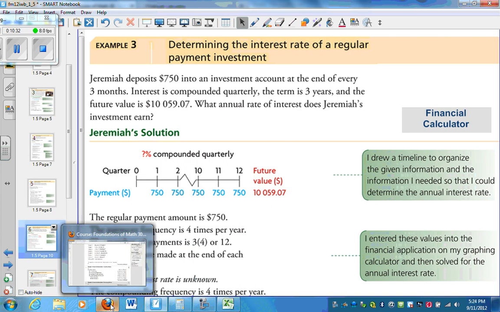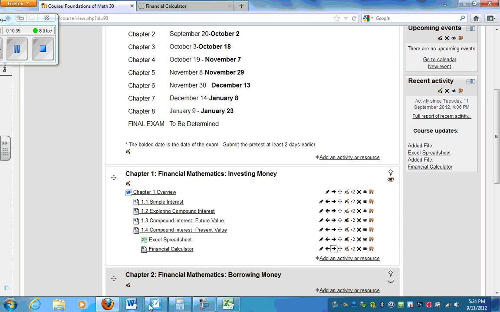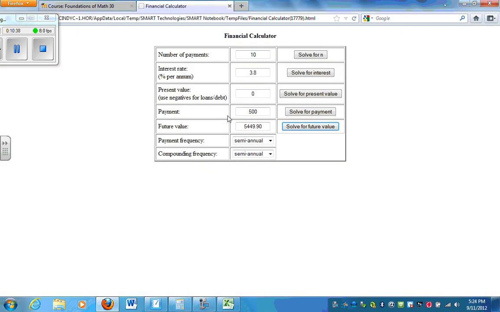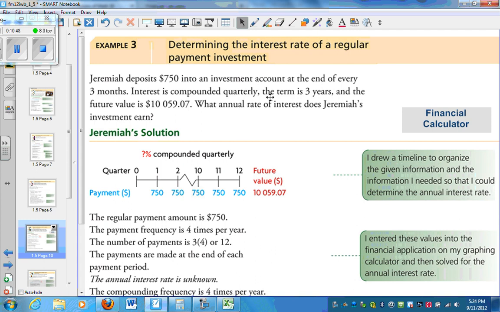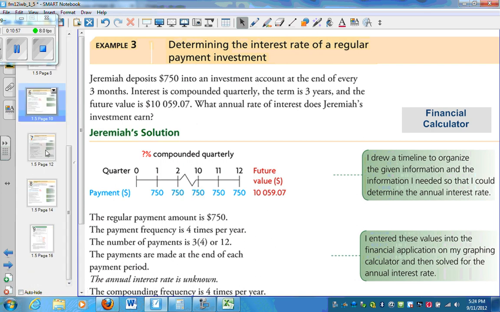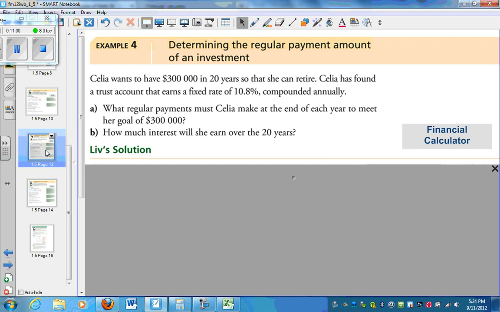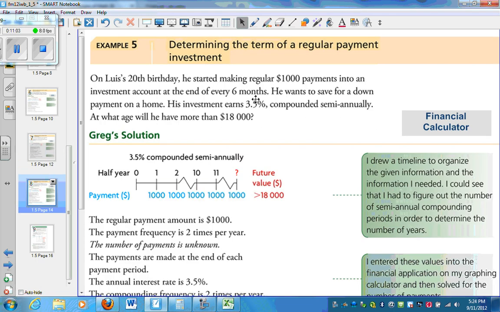So your interest is compounded quarterly, but he puts in every 3 months. So in other words, that one's also quarterly. Never mind. I think this is the one where it's different. So he makes an investment every 6 months. No, they all seem to be the same. Sorry, I thought they would try and switch it up for you.